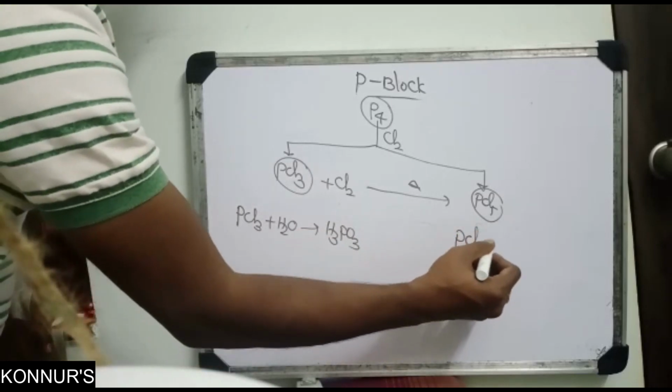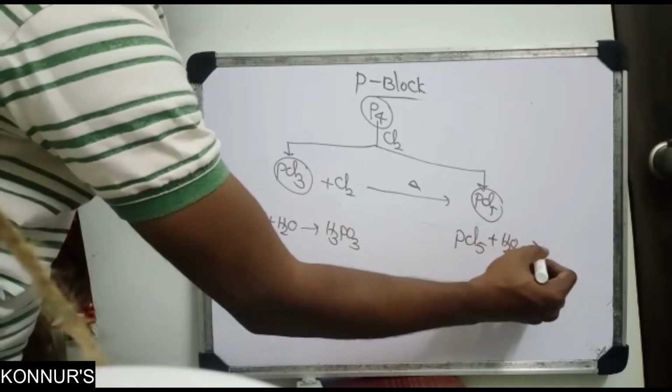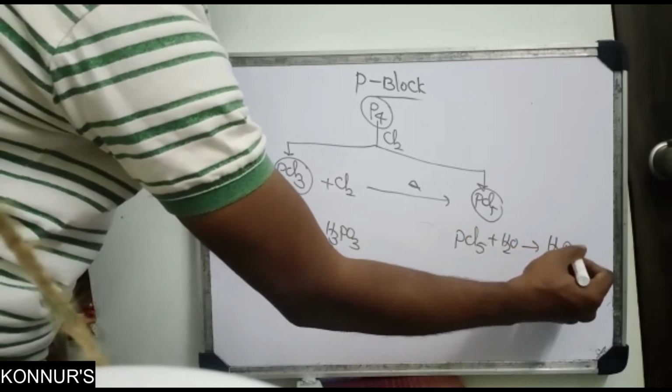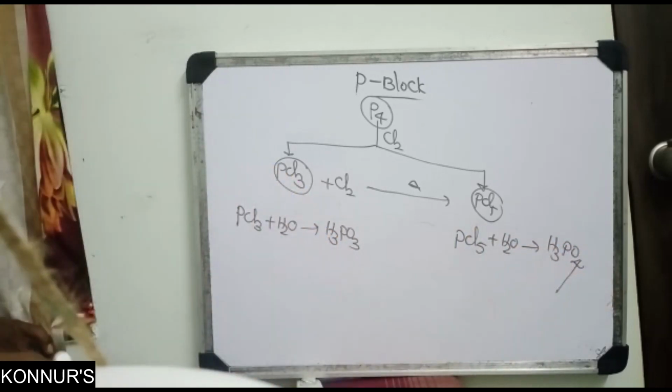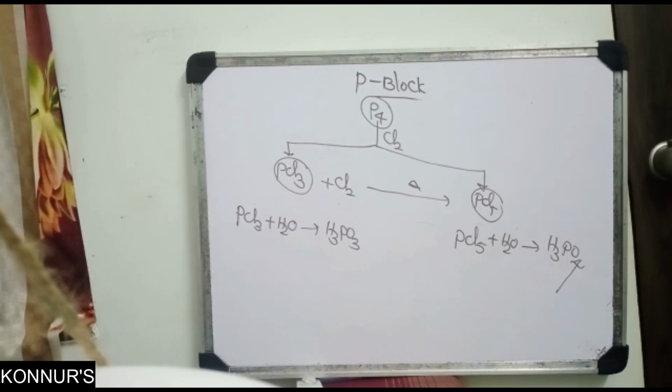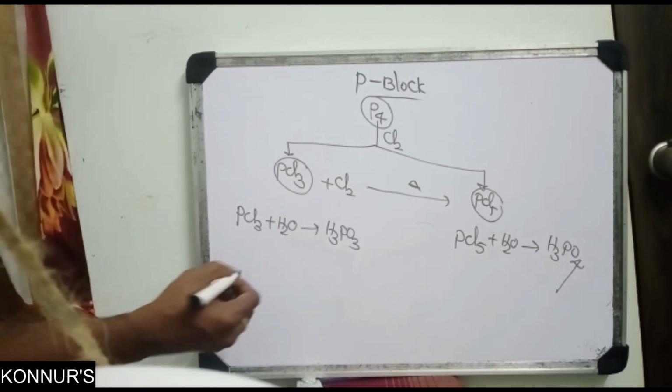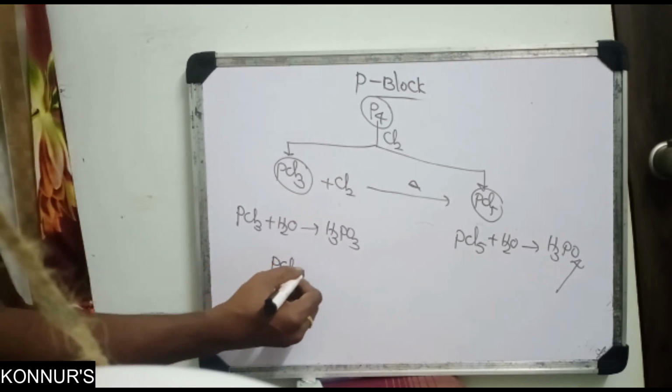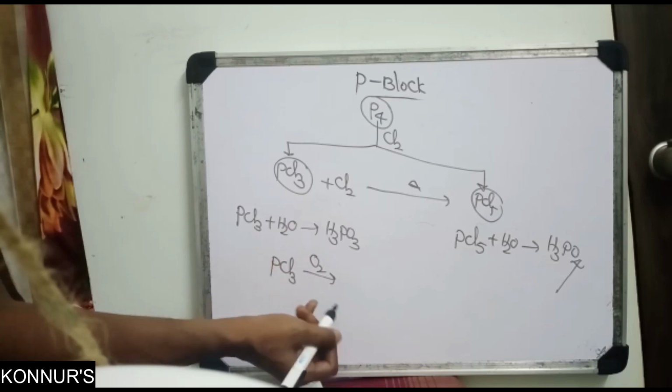PCl5 treated with water gives H3PO4. So here phosphorus acid, there phosphoric acid. PCl3 treated with oxygen: what is the product?